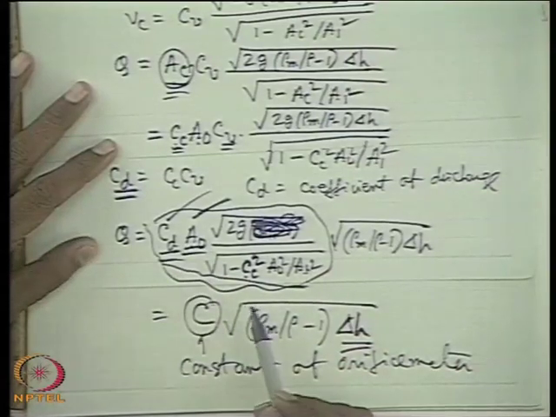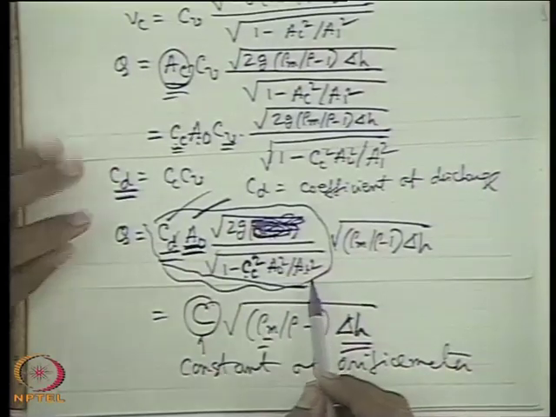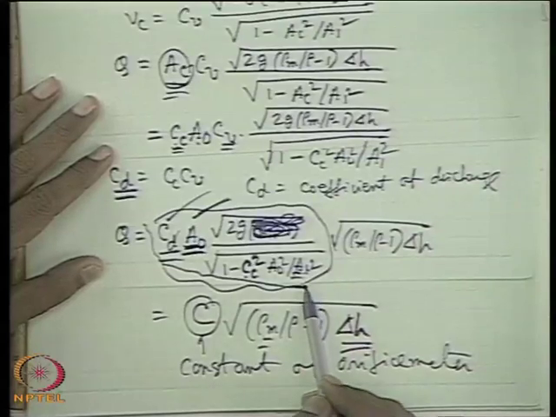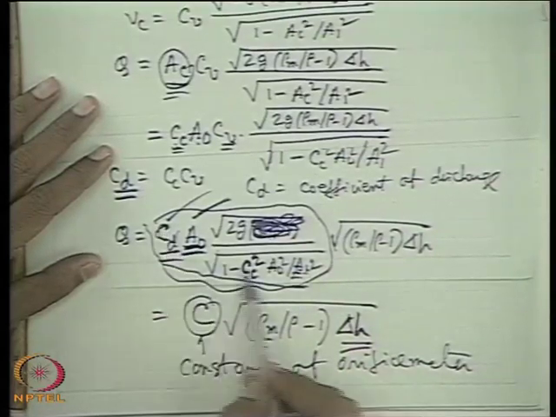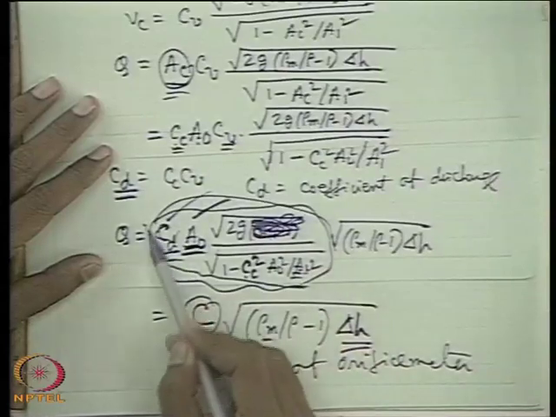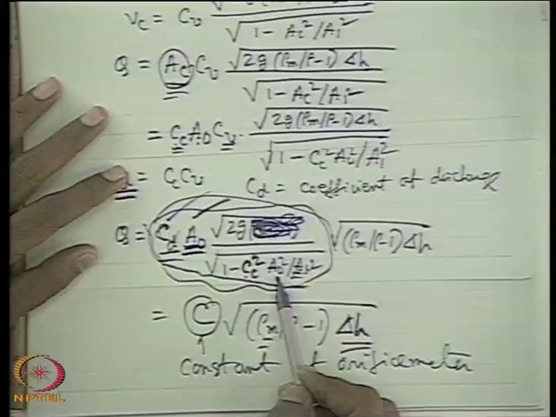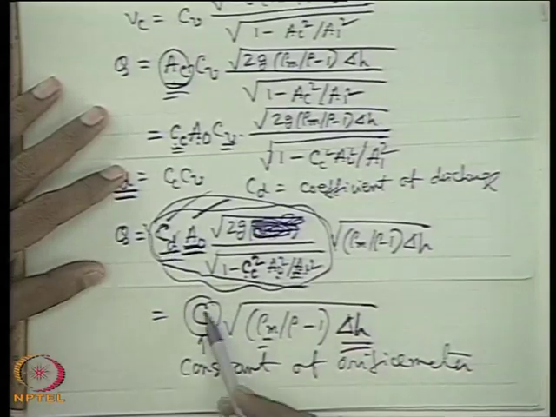That means the diameter of the orifice in the orifice meter, the area of the pipe in which the fluid is flowing, and the values of Cd and Cc. So this is purely constant for a given orifice meter, for a given pipe diameter and in a given range of flow. Usually at a higher range of flow, it is independent of the flow rate.